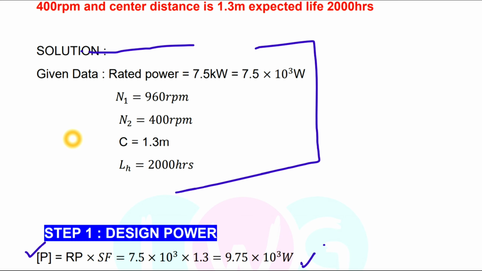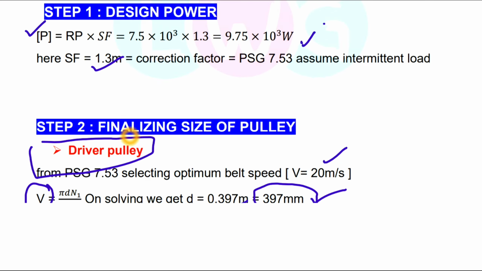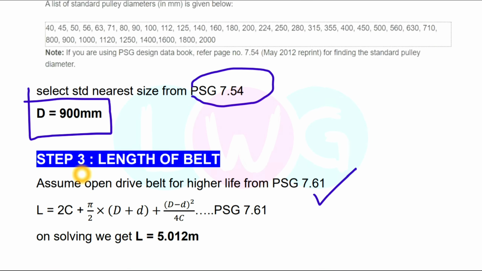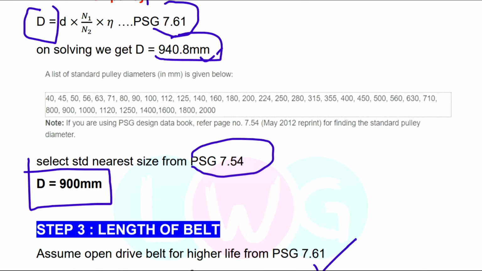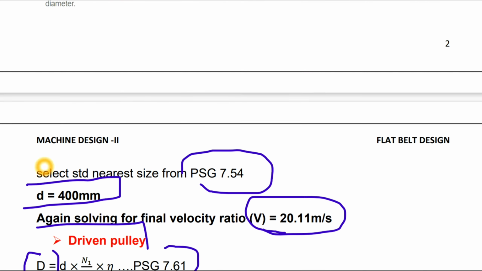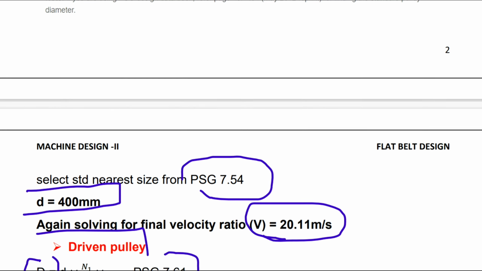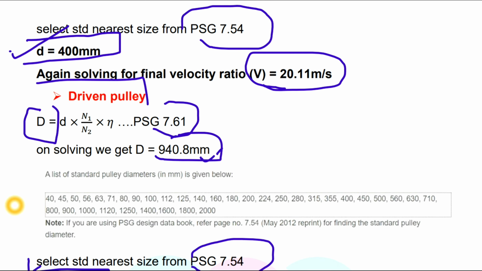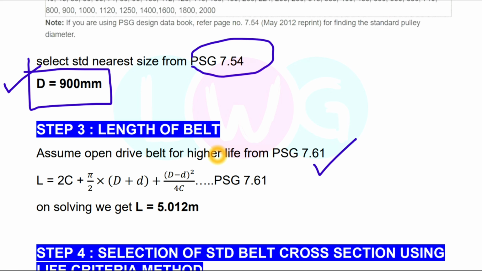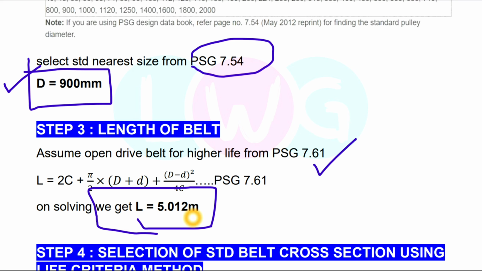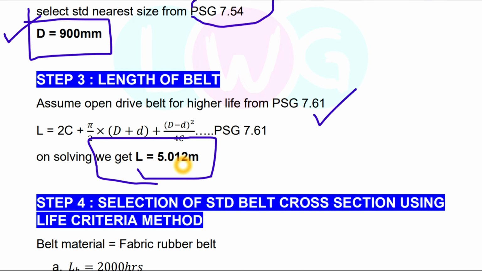C is the center distance given in the question, which is 1.3 meter, capital D is the driven pulley and small d is the driving pulley. Okay, so put in all the values and you will get the length of the belt, which will be 5.012 meter. So in step number 3 we found the length of the belt.